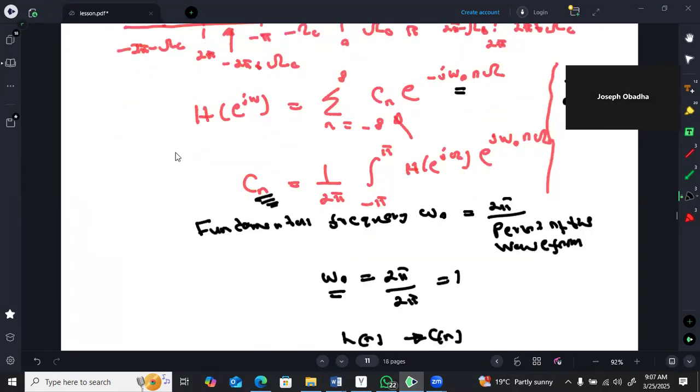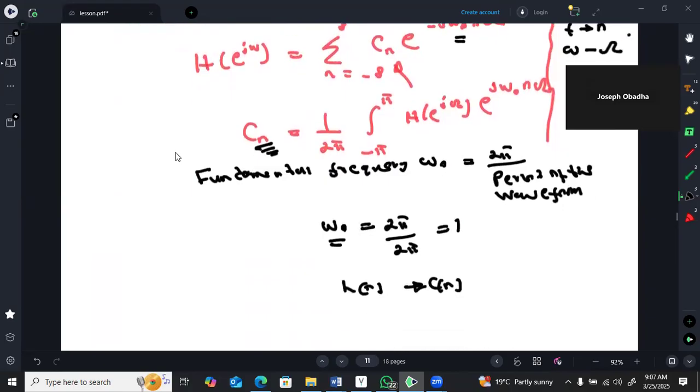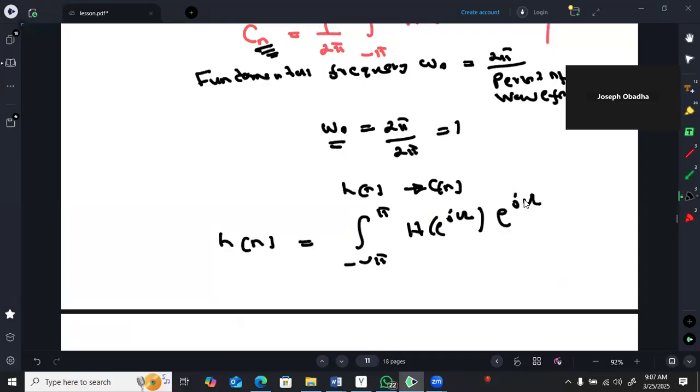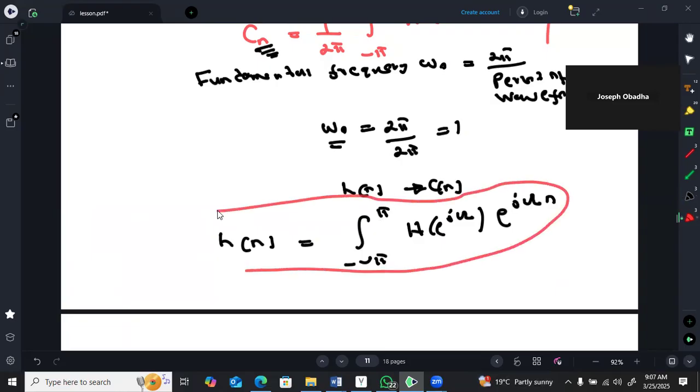So that means h(n) that we want will be given by the integral from minus pi to pi of H(e^{j omega}) times e^{j omega n} d omega. Okay, so this is very important.